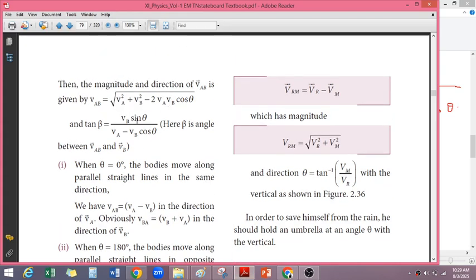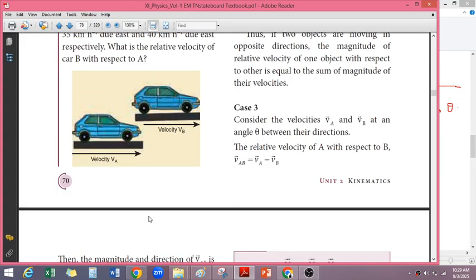Beta is the angle between VAB and VB. Why did they say VB?